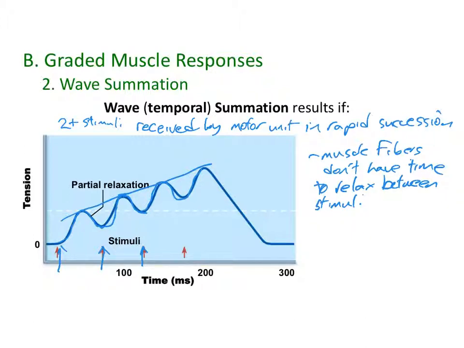What is also happening within the cell physiologically is that there's getting to be more and more intracellular calcium. So more and more calcium concentration with each stimulus, which in turn prolongs the contraction, so that more and more force gets generated.